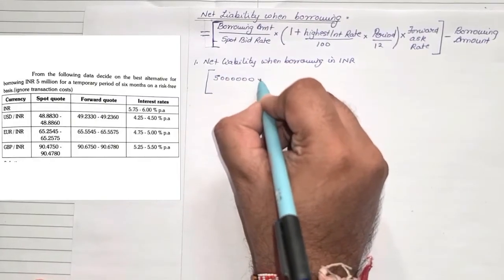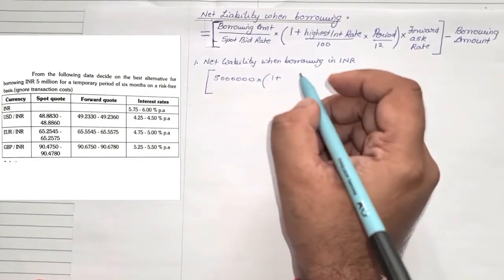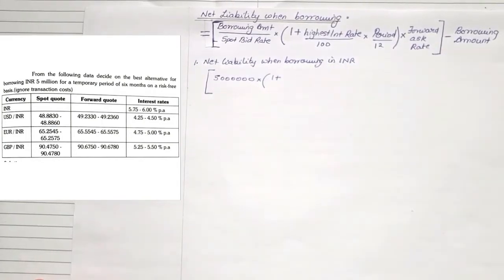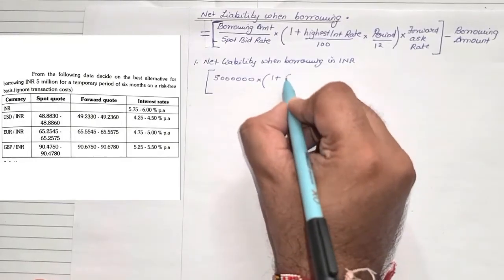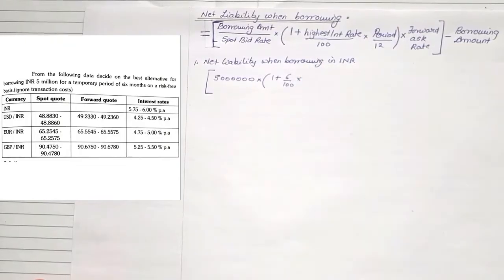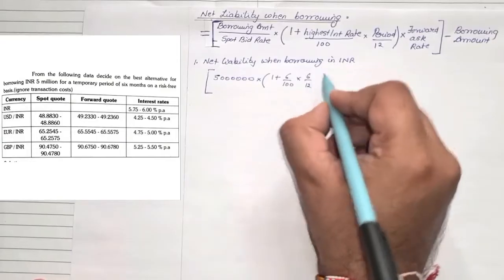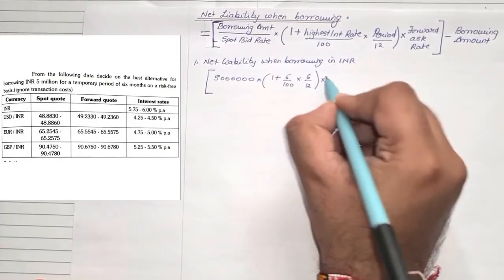So 50 lakhs into 1 plus the highest interest rate. If you look carefully, 5.75 and 6, so the highest interest rate is 6%, so 6 upon 100, into the period. It is a 6 months transaction period, so 6 divided by 12, into the forward rate.